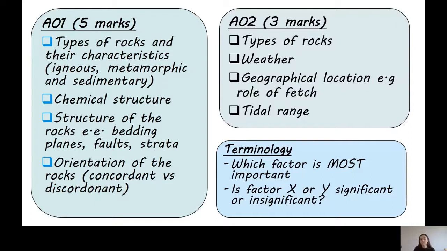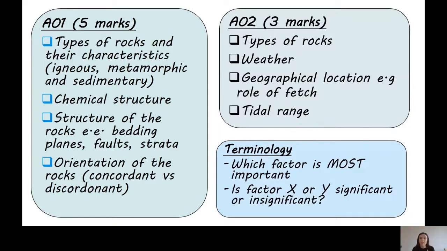For example, in my opinion, the factor that's most important is weather, because the weather will determine the type of wave, and you could go on like that. Or is factor X or Y significant or insignificant? That's the type of top terminology you need to use when assessing.